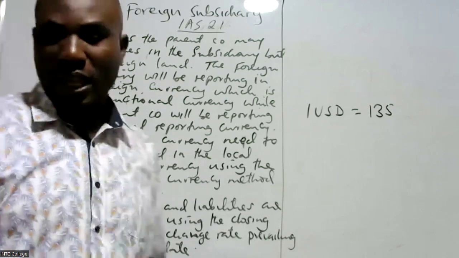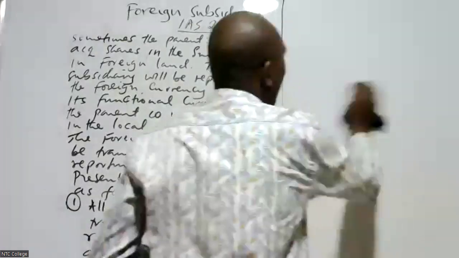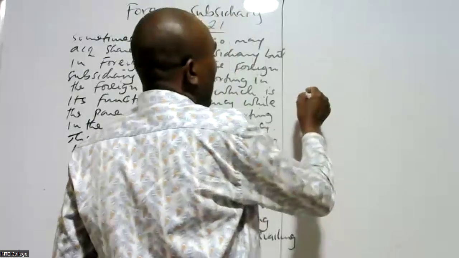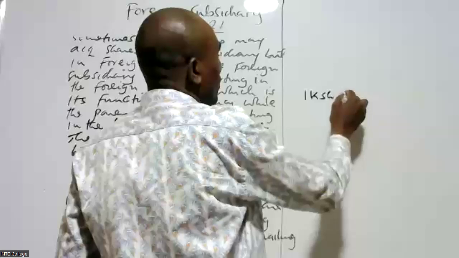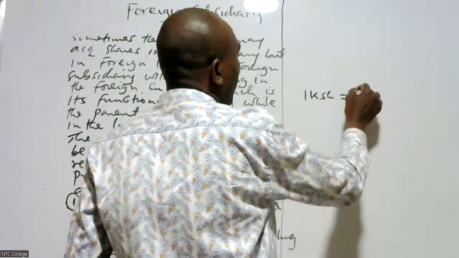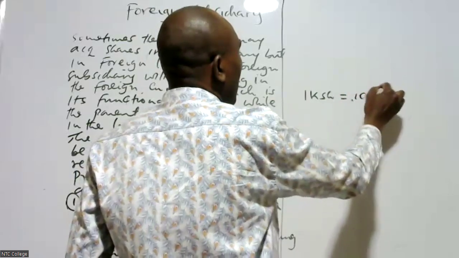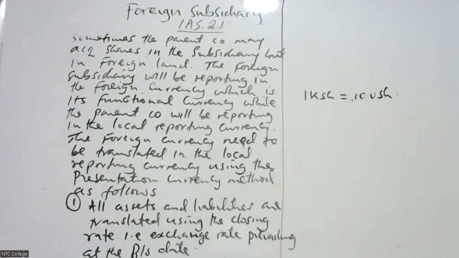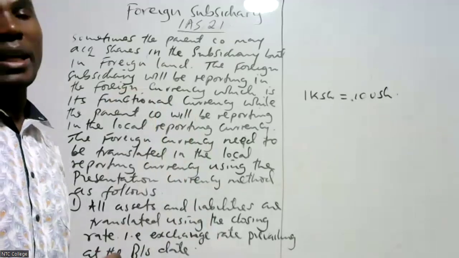Now, before even we go there, let me ask you a simple question, and this one I expect my good friend Ruth to answer me. Now, for example, I say 1 Kenya shilling equals 10 Uganda shillings. Out of that, which one is the strong currency and which one is the weak currency?